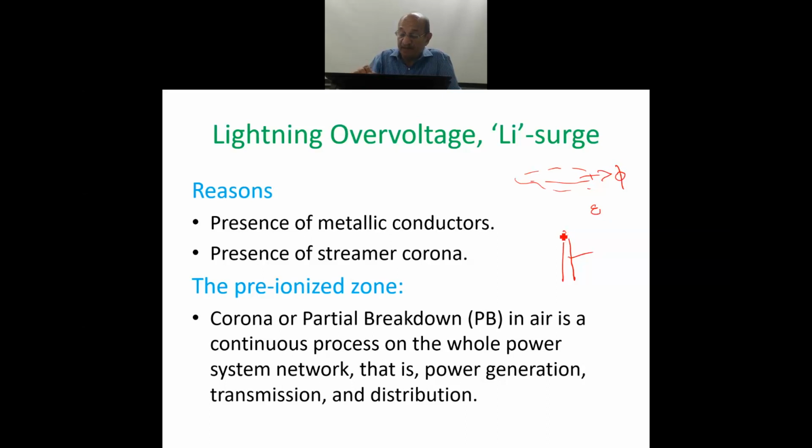Then what happens when the field density at the tip is high? There will be some kind of partial breakdown phenomenon beginning at the tip of the electrode. And this partial breakdown, what you have learned, we call it corona.